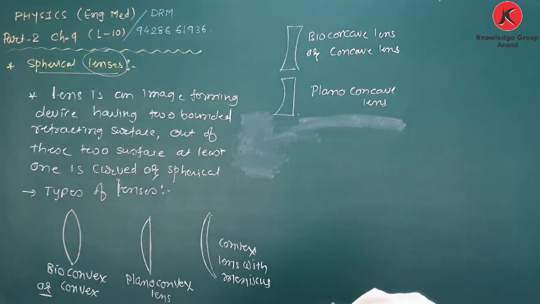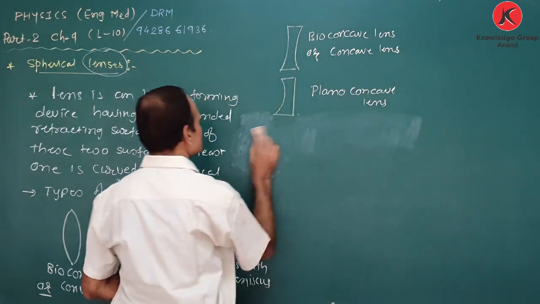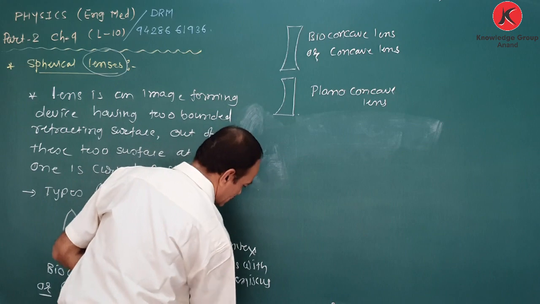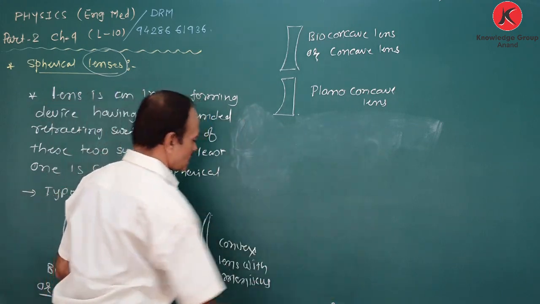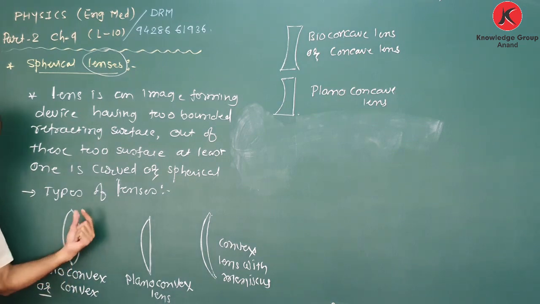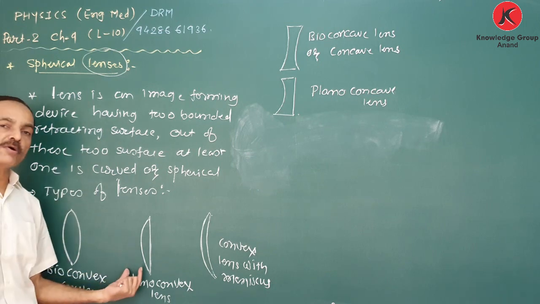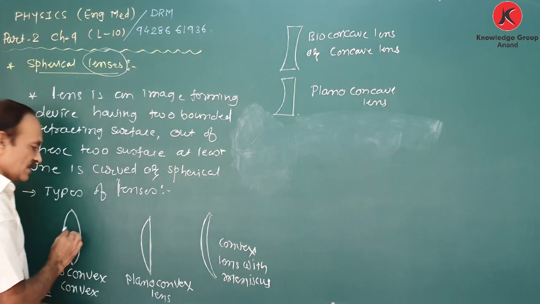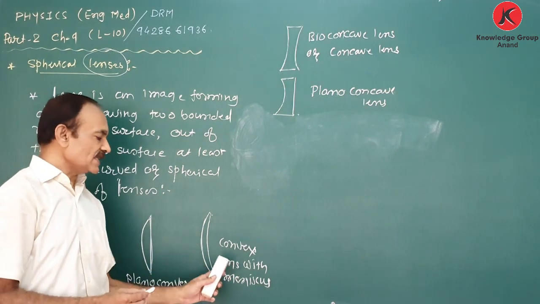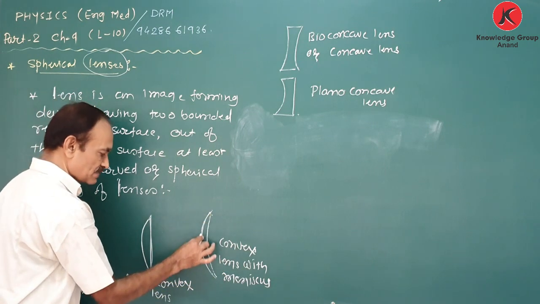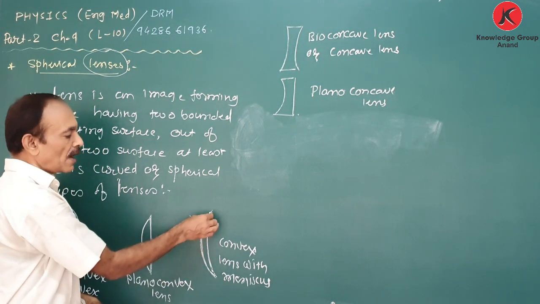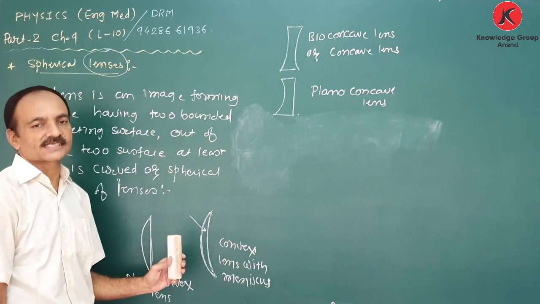On the basis of the surfaces, we give the names of the types of lenses. Generally, the simple convex lens is what we use in experiments. There is the plano-convex lens, because out of these two refracting surfaces, one is plane. There is the convex meniscus lens, where both surfaces are spherical in the same direction, but the medium is bounded by these two surfaces, so it acts as a lens.